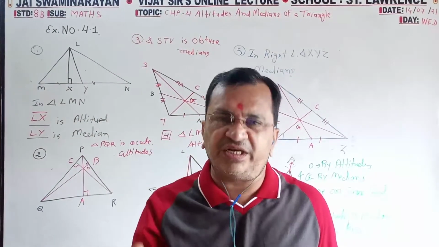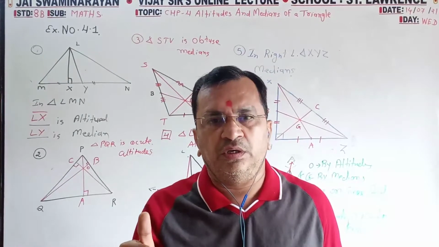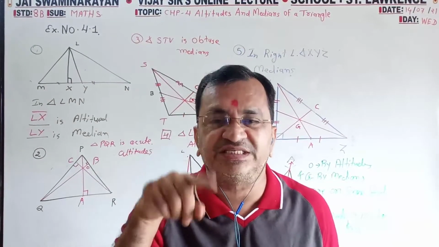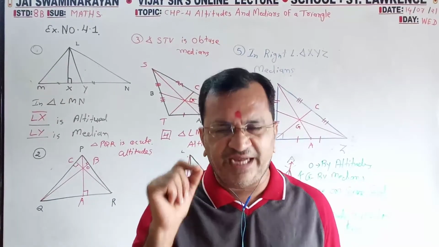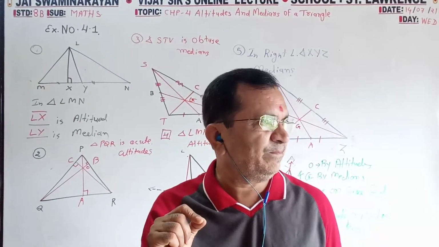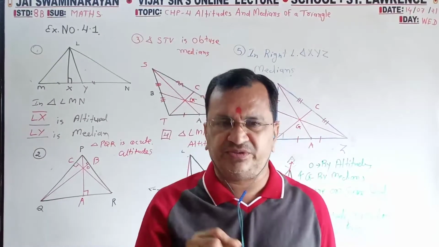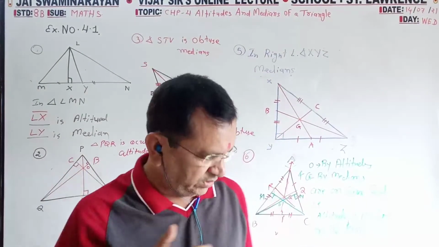So in an isosceles triangle, O and G lie on the same segment. Which segment is that? That segment, you can say median also, you can say altitude also. That is the same.